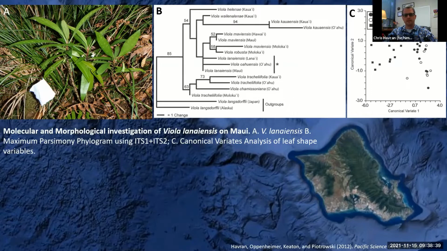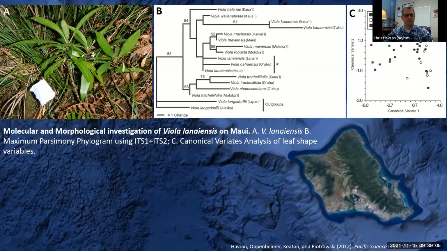That represents all of the material of Lanaiensis and then material from Lanai, or that Hank had previously seen. So we were able to start with the phylogeny and then move on to a multivariate morphological analysis to demonstrate that that population on Lanai did represent Lanaiensis. I proposed to Susan that we do something similar with the material from Oahu.